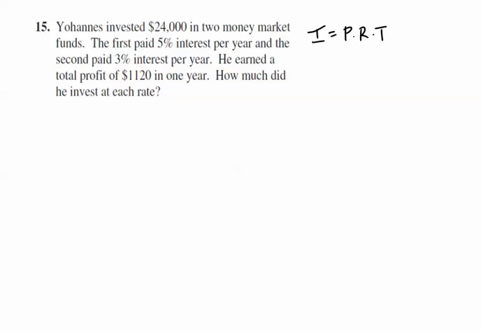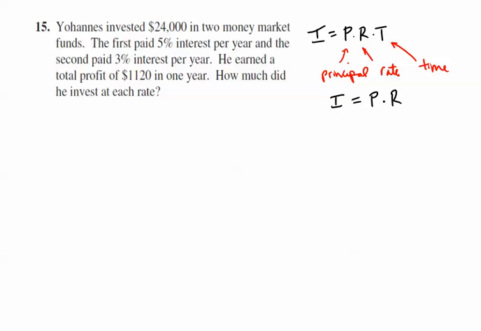So this would be principal, the rate, and the time. Since the time is 1 year, the time really just becomes 1. And so what we're really working with here is just the interest is going to be the principal, that is the amount invested, times the rate.